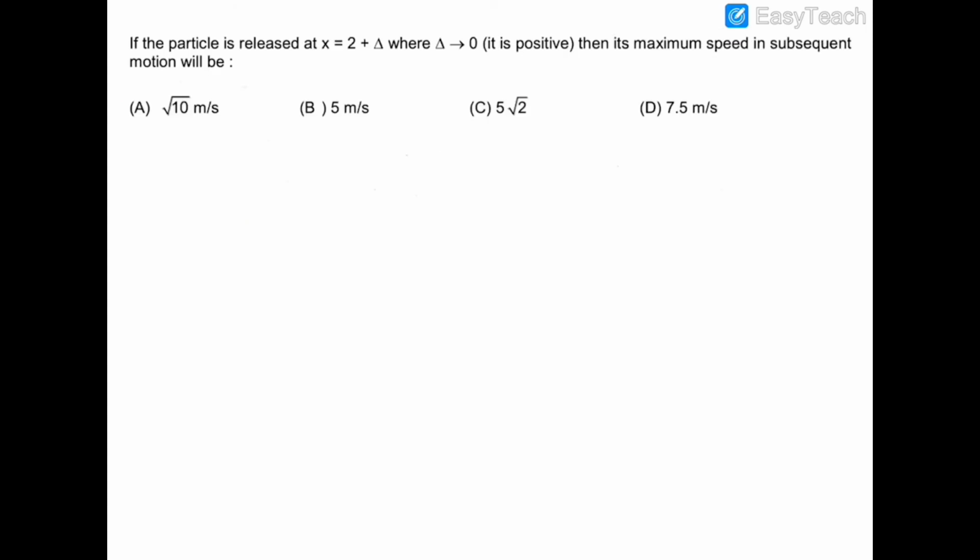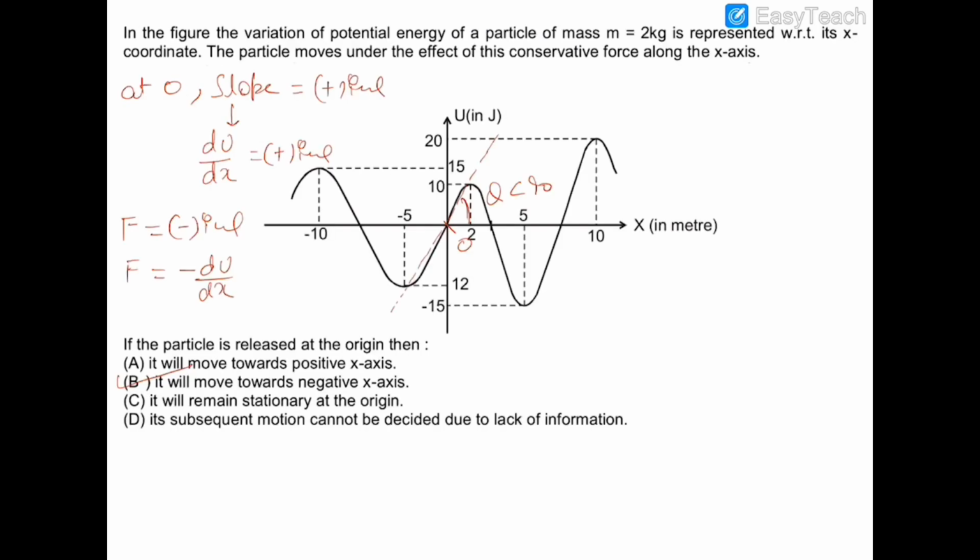Now if this particle is released from a point which is x equal to 2 plus del, where del tends to 0, then the maximum speed in the subsequent motion will be. Now this question is very important.